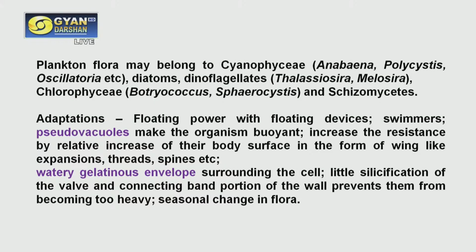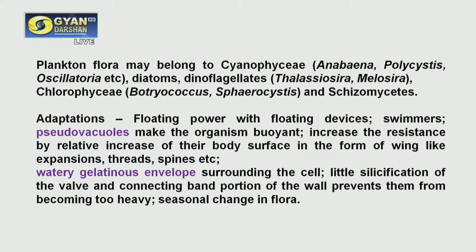Cyanophyceae like blue-green algae such as Anabaena, Oscillatoria, diatoms, dinoflagellates, chlorophycean members. So these are all different examples. If you discuss the adaptation, they have floating devices and they have pseudovacuoles. The pseudovacuoles, particularly in the blue-green algae, help the organisms to maintain their buoyancy.